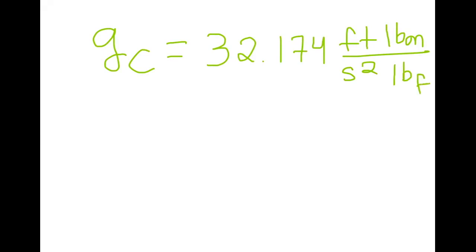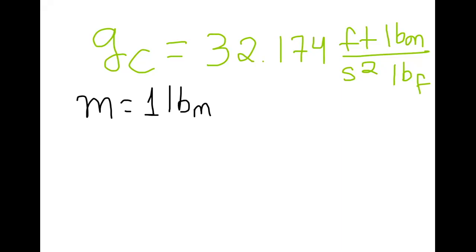And this is usually used when you want to turn from pound mass to pound force, etc., right? So if I have, let's say, a mass of 1 pound mass, right? And I want to know how much force this is in pound force.